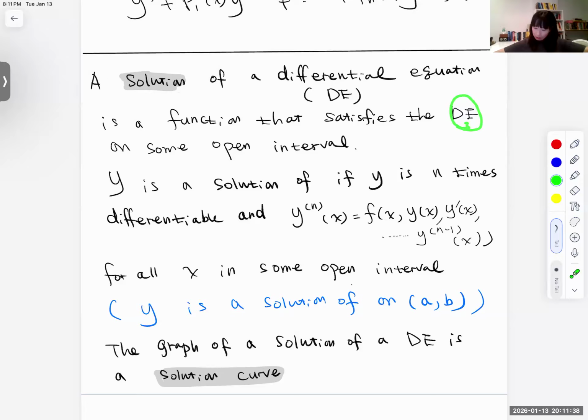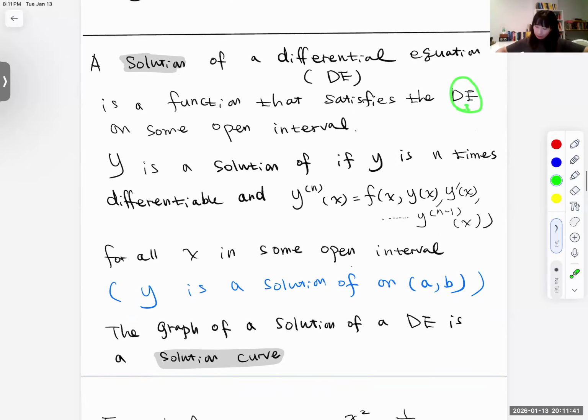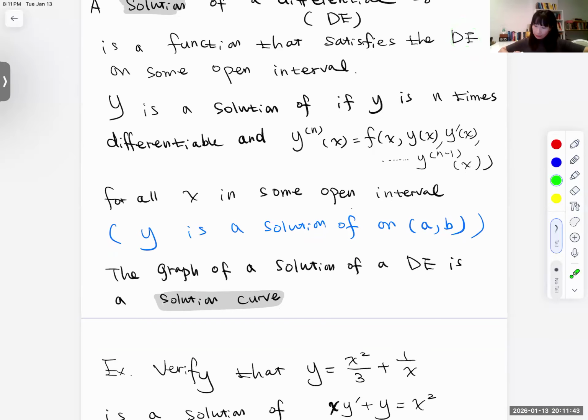So this is just the general definition, right? We are going to actually do examples so that we understand solutions. Y is the solution if y is n times differentiable and satisfies the equation.